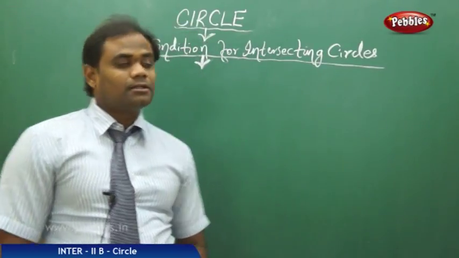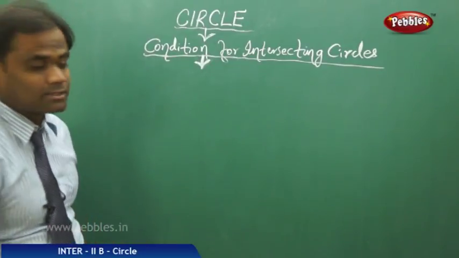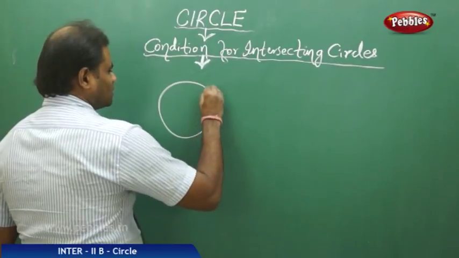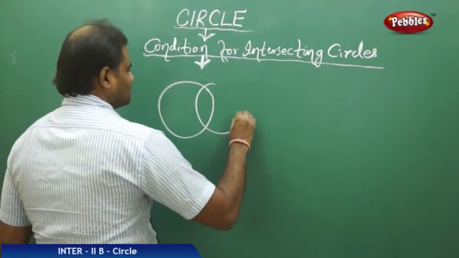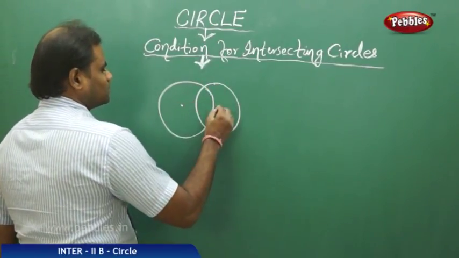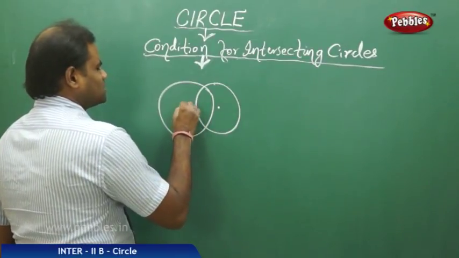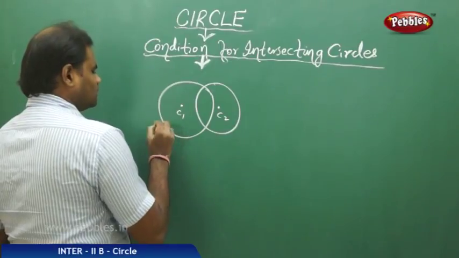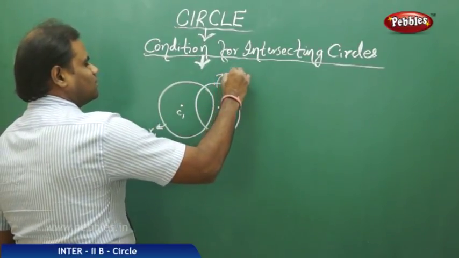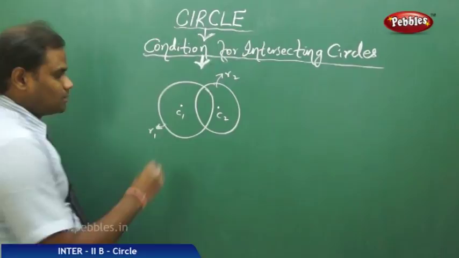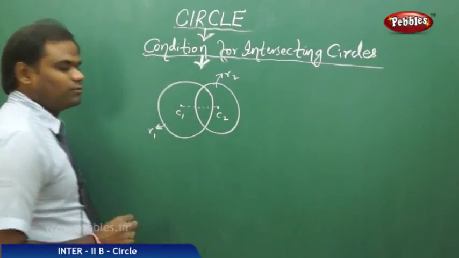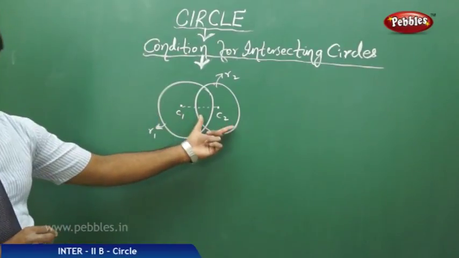Now let's take the third case, intersecting circles. If the two circles are intersecting, then I have this C1 and C2, and the radius of this circle is R1 and the radius of this circle is R2. Then the distance between the centers is obviously less than the sum of the radii, as can be clearly seen here.